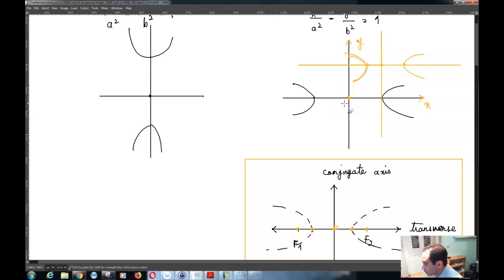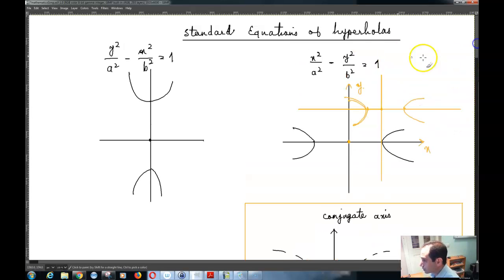So what I mean to say is that these two cases that we showed over here are just two very general and very basic cases of these hyperbolas.